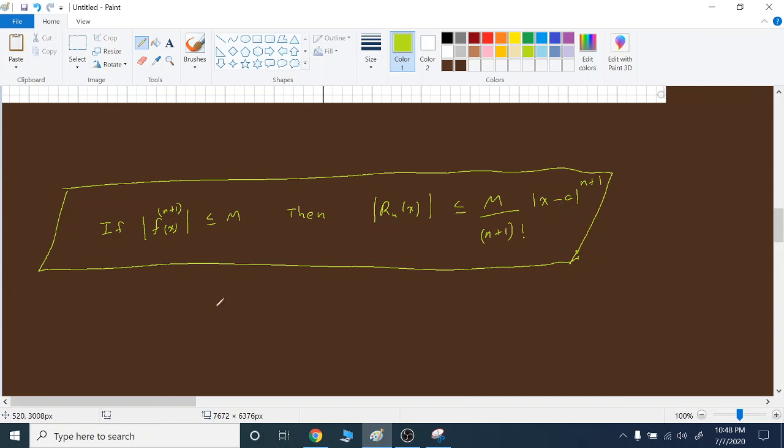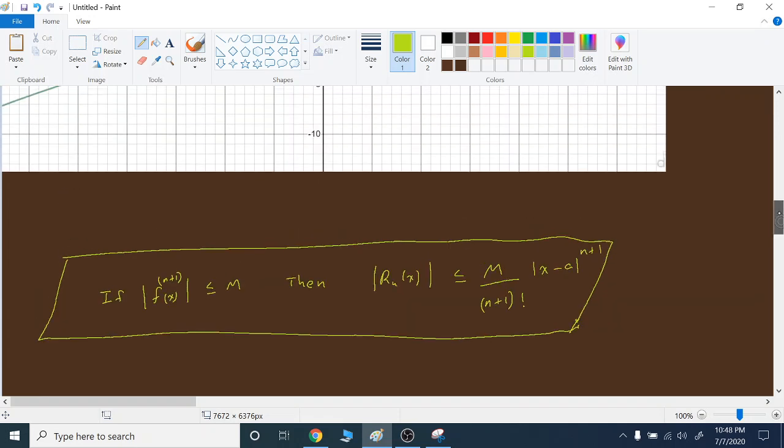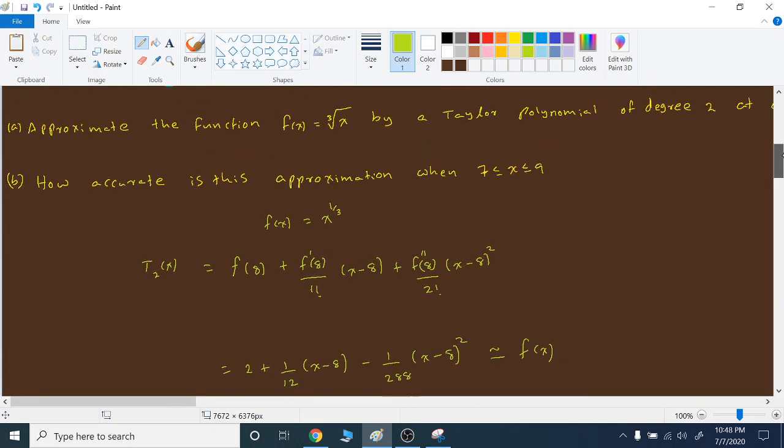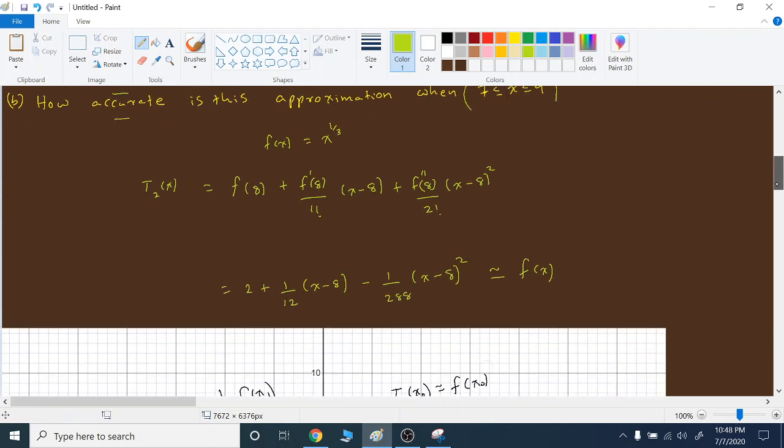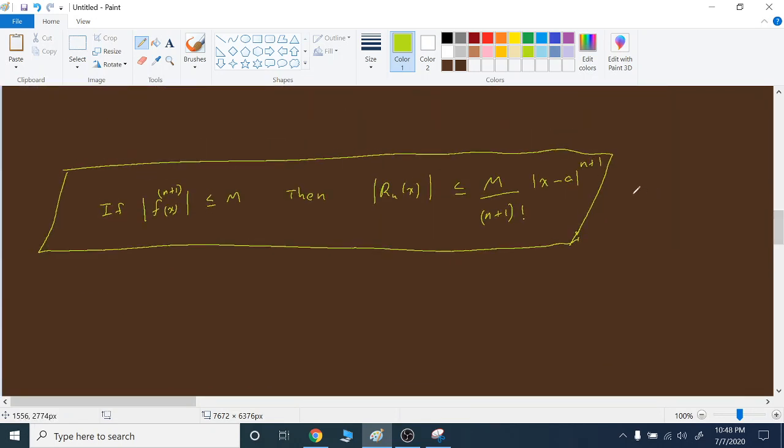But here in our case, we make use of this result to come up with a solution for this question, to find how accurate this is when you choose x between 7 and 9. We make use of this result.